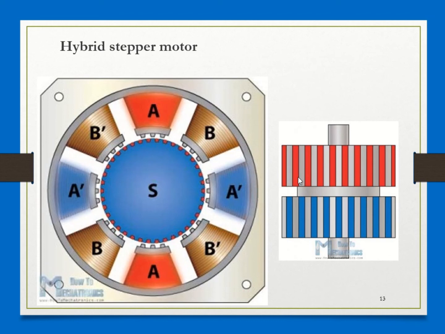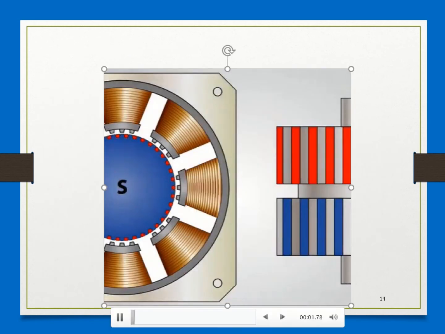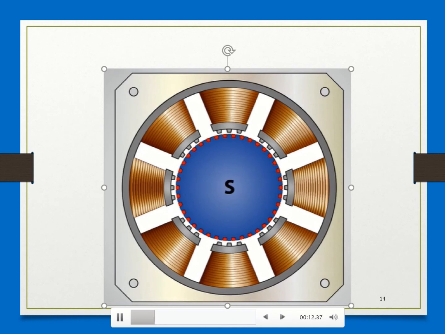So you can observe here, there is no alignment in both the two different types of teeth on the rotor. So we can see that in such a way the rotor teeth are aligned with the teeth of poles A, okay, and unaligned with the teeth of poles B.